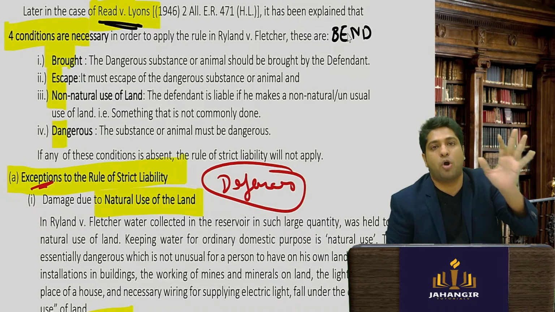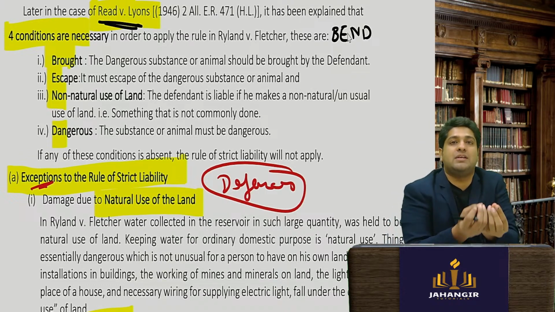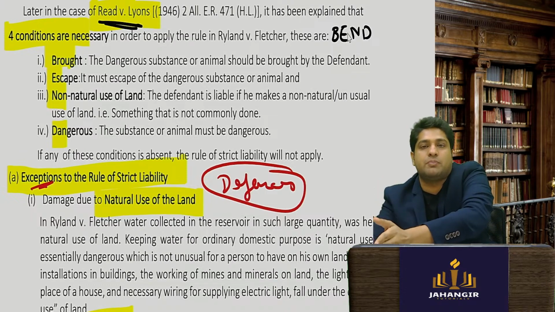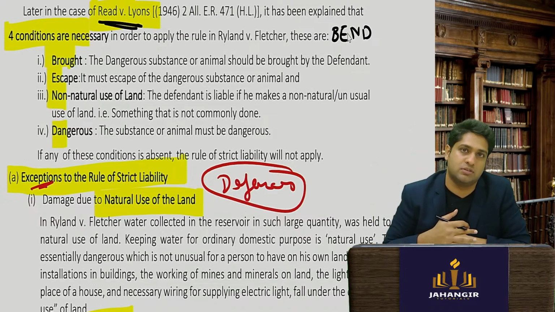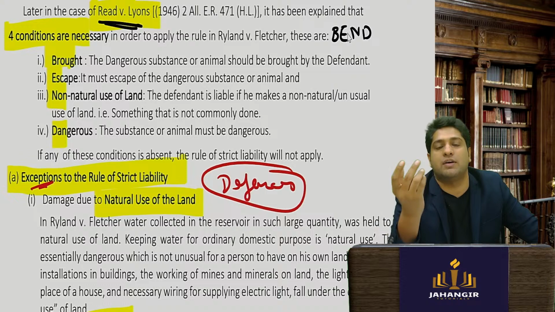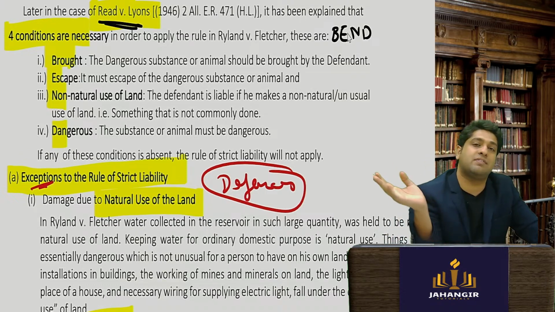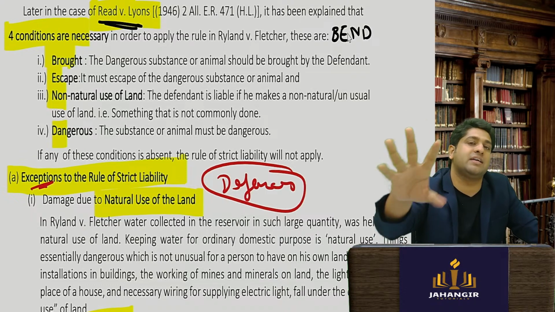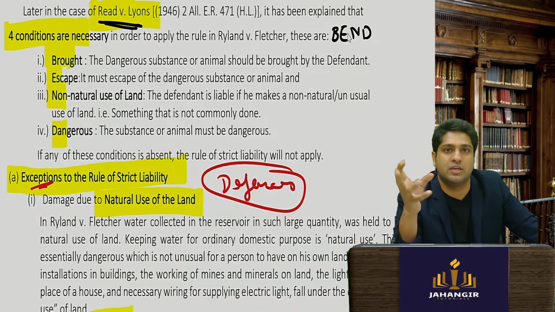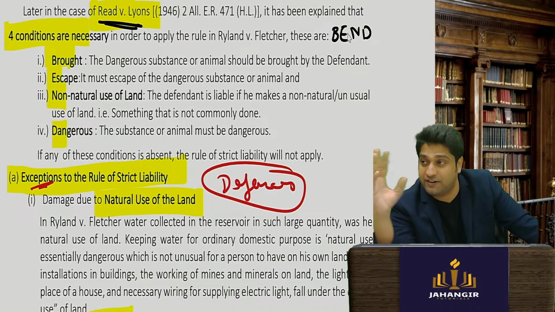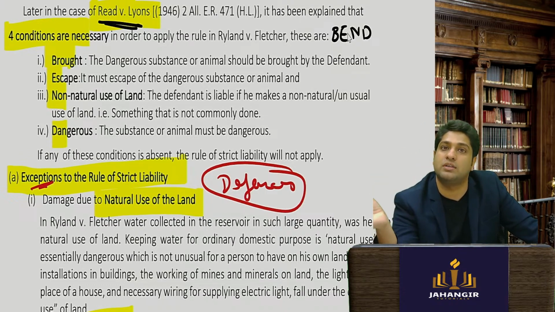First is B, brought. The plaintiff is the one who's asking for compensation, who's filing the case, so he must have suffered loss, and the defendant should have brought the dangerous substance.